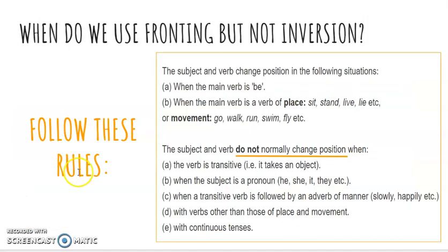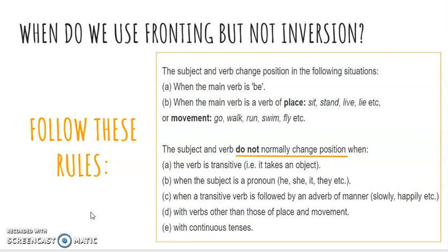Now, to make it more clear, this is probably too comprehensive, but if you want, you can have a look at these rules and base yourself on this in order to know when exactly you need to use the fronting.